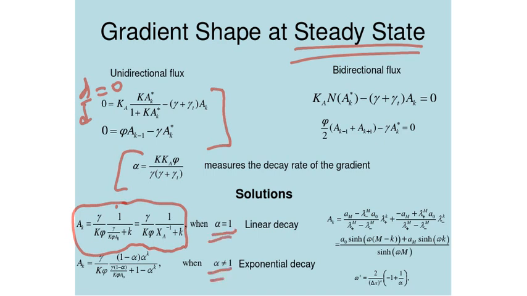When alpha is not 1, then you have an exponential decay, like lambda to the K, with some little modification here. And this is what you get in the case of bidirectional propagation. You have two modes, lambda plus and lambda minus. And again, you have here this exponential decay rate.